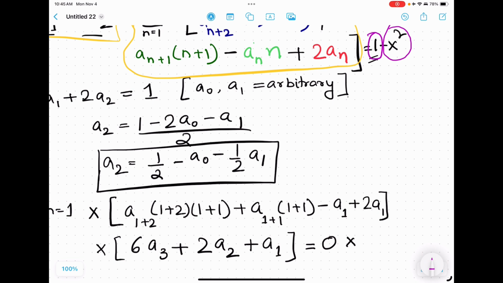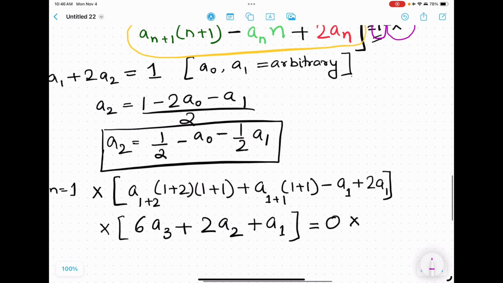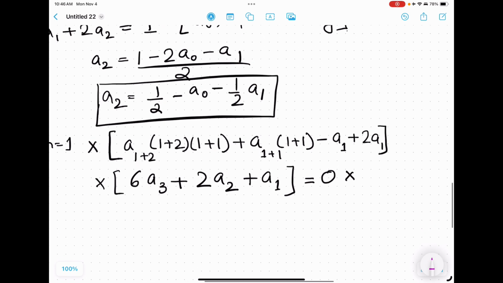So that means there are no coefficients for x or for powers greater than 2. So there's only a coefficient for x squared and there's one constant. So that's just 0. So now just taking out my x's, I have 6 a sub 3 plus 2a sub 2 plus a sub 1, that is just 0.